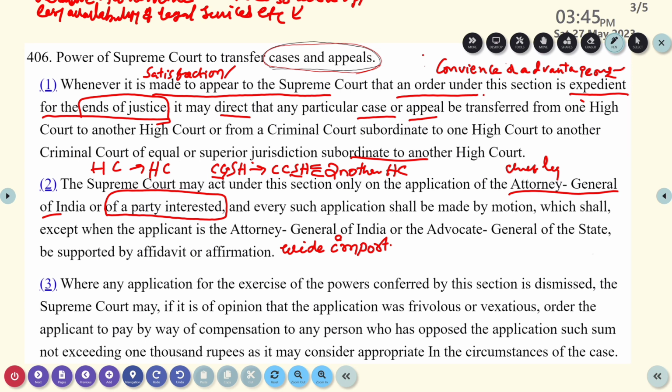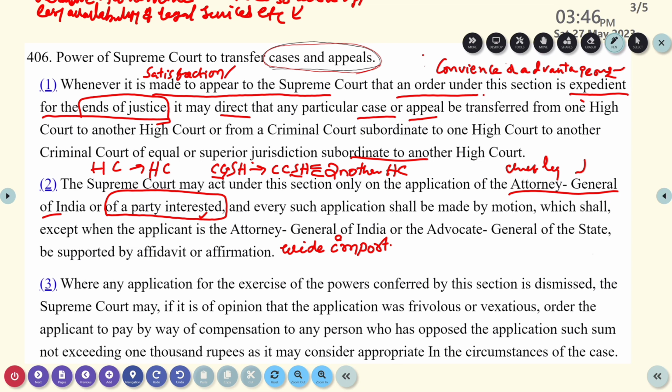Of course, it is not settled, but according to this word, any interested person can file the transfer petition. Two chances are given: one is any party interested, another is the Attorney General. Both can move this application.